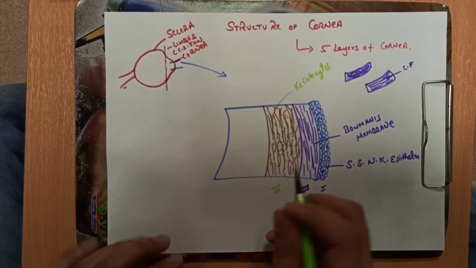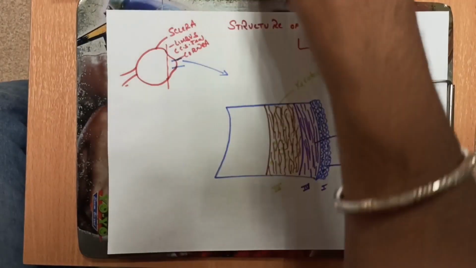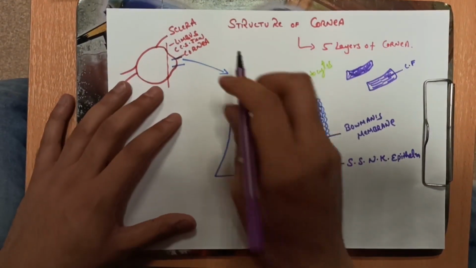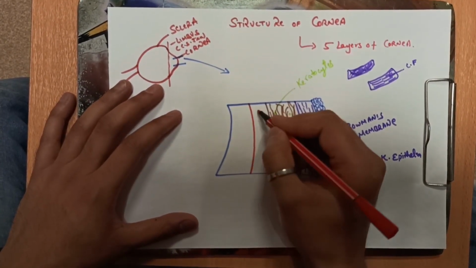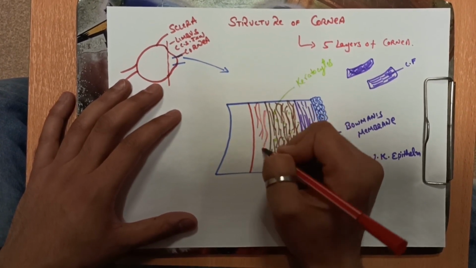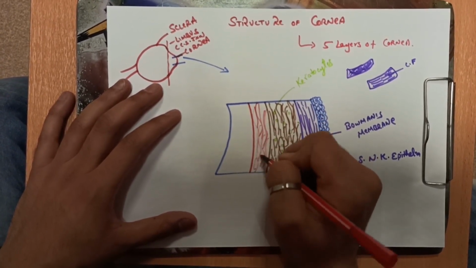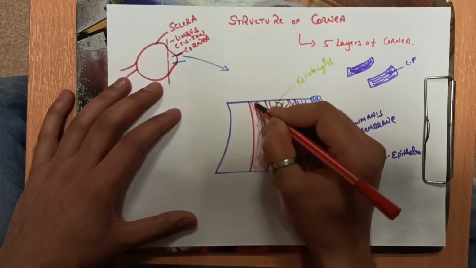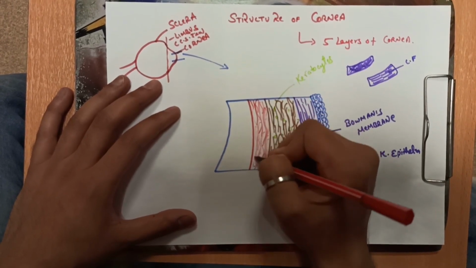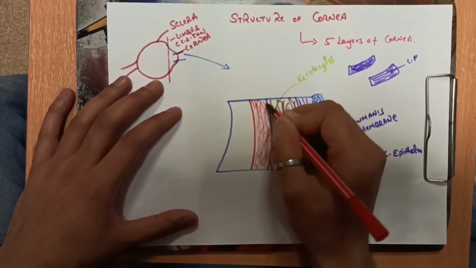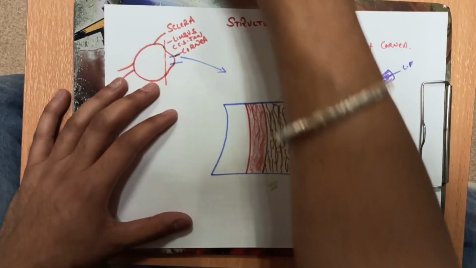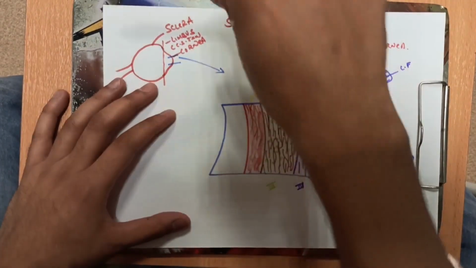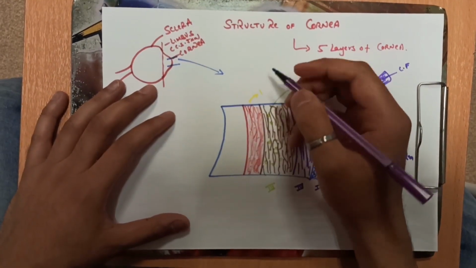Coming on to the fourth layer. This layer is known as the Descemet's membrane. This will not be visible.